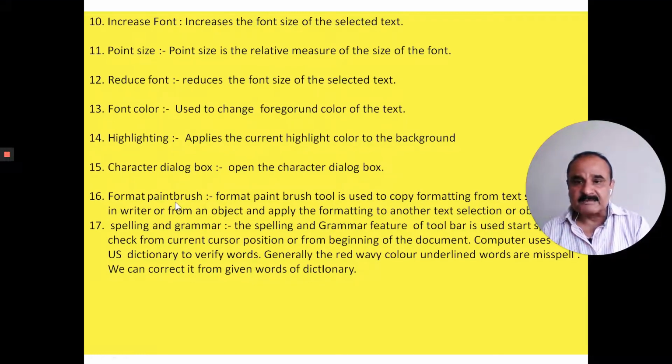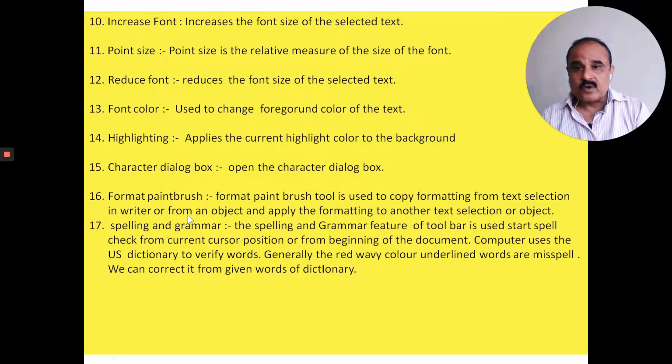Format paintbrush is a tool. It is a very important tool. Just listen carefully. Format paintbrush is used to copy formatting from a text selection in Writer or from an object and apply the formatting to another text selection or object.